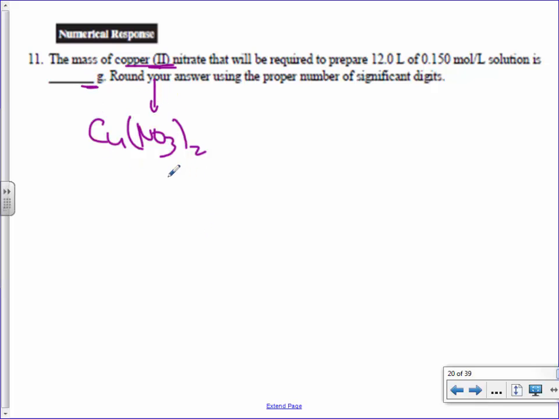We're looking for grams. These numbers right here, if you can kind of see putting them together, 12.0 liters and 0.150 moles per liter. If I put them in this orientation, hopefully you can visualize, look, the liters cancels. That's helpful. But it's not what I want. I want grams, and the unit that I have left right now is moles. So I need some sort of way of converting moles to grams, and that's where molar mass comes in.